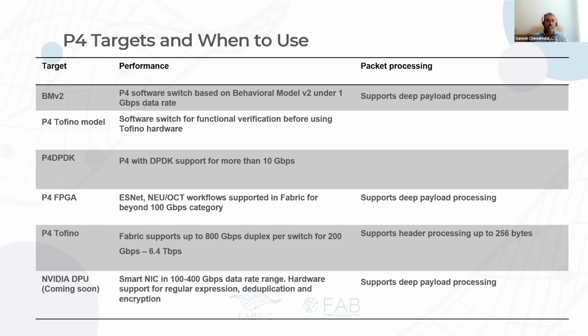There is also another target that is available, which is DPDK based, where the software switch uses some DPDK support, and it can support more than 10 Gbps. And last I heard, there was a team trying to do something like a 100 Gbps experiment with P4 DPDK.